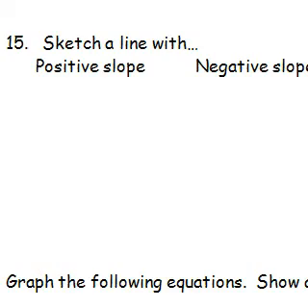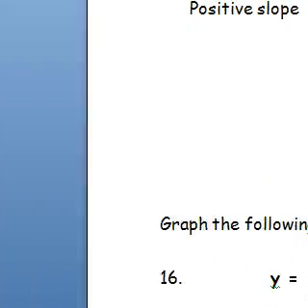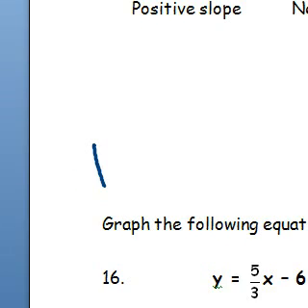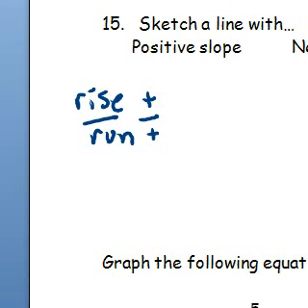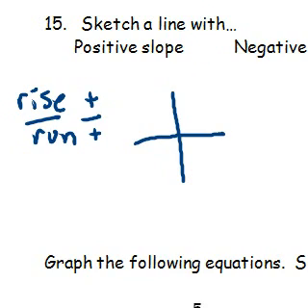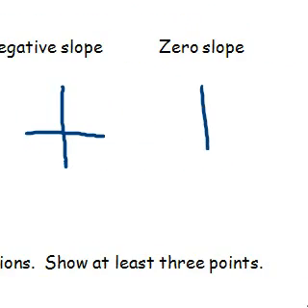Sketch a line with a positive slope. Well, a positive slope means that both the rise and the run are positive. So a positive slope would look something like this, I'll just draw axes on all of these here.